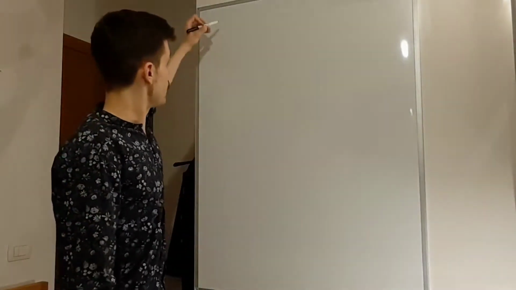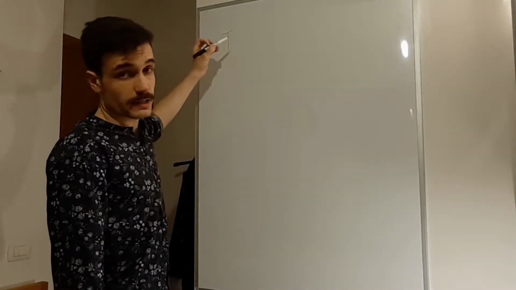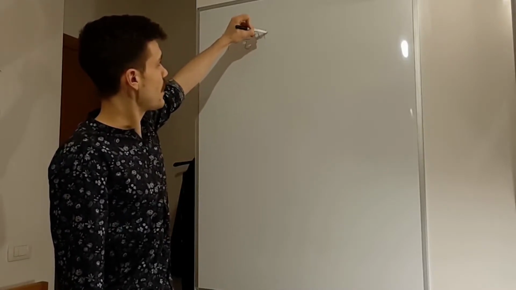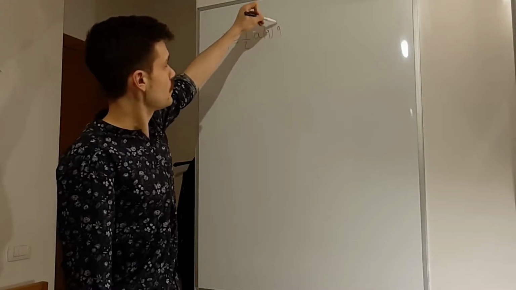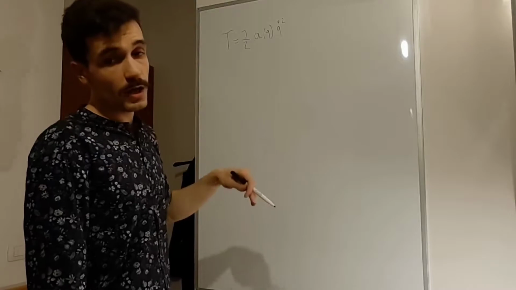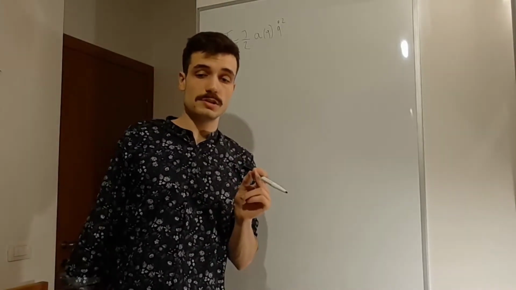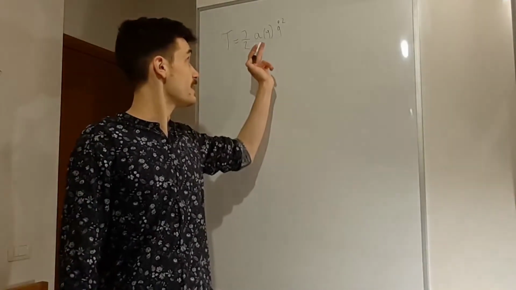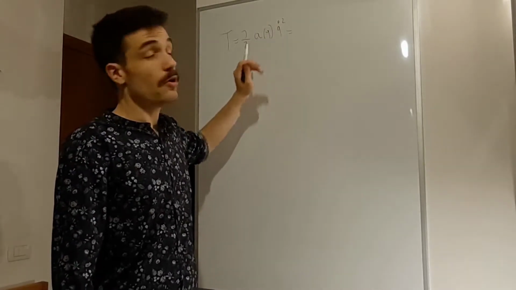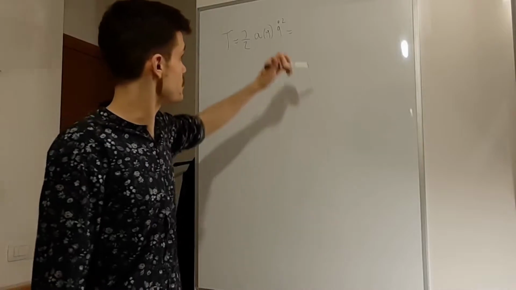Now we have to write the Lagrangian of the system. The first question is, how is the kinetic energy? In general, it will be 1/2 a function of coordinates q dot squared. But as we are doing small oscillations, we can approximate a as a constant and actually approximate it to the value of a in the equilibrium position.